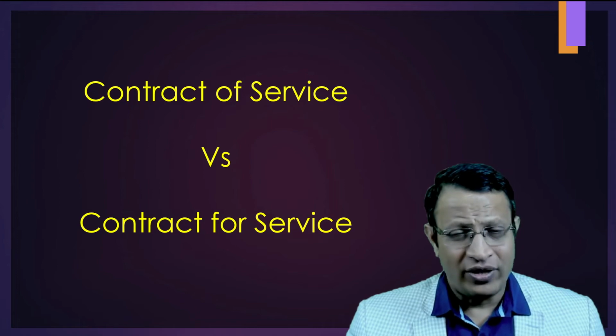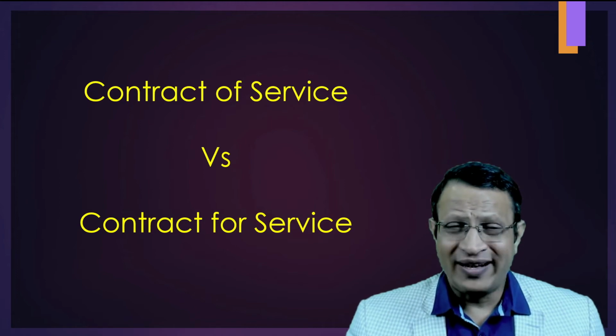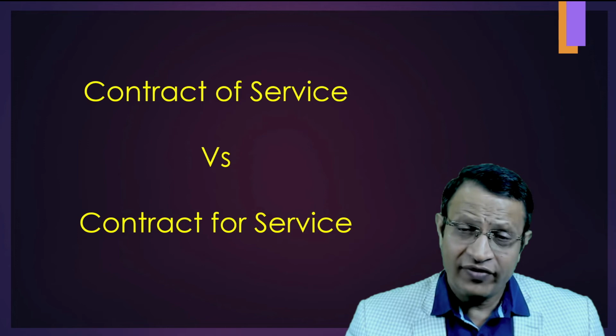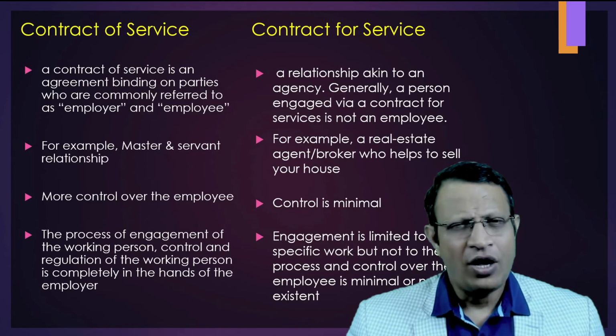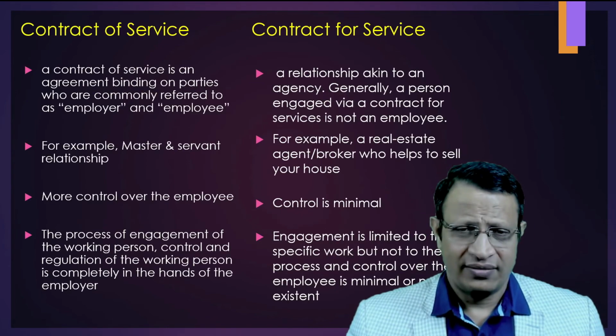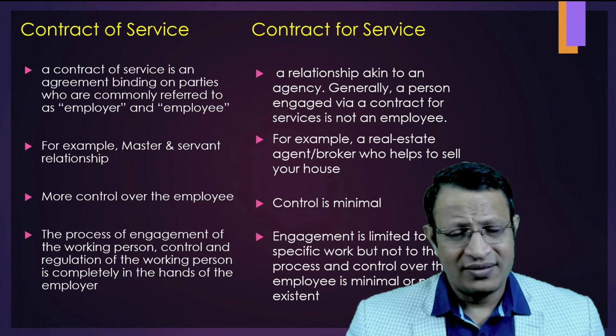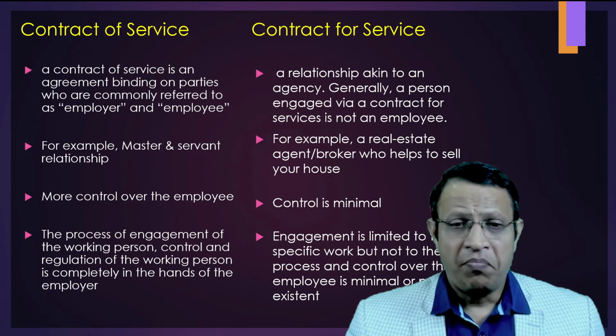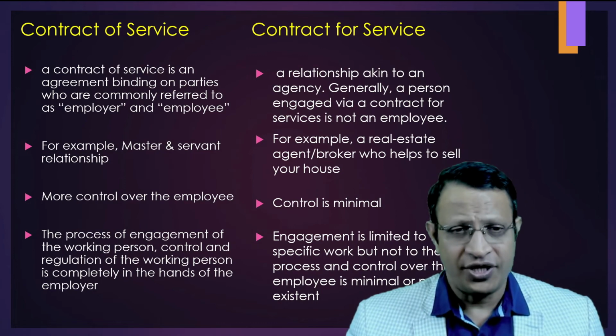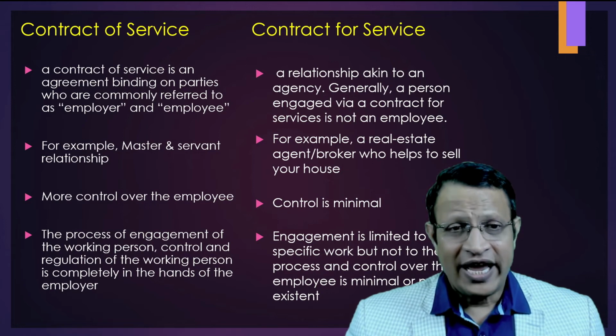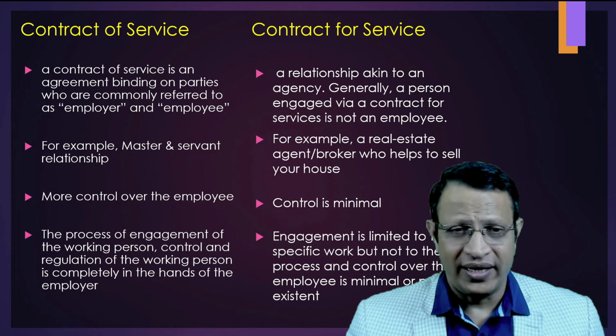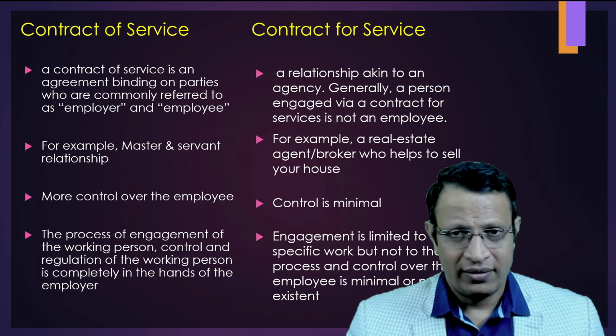That means we need to differentiate between contract of service versus contract for service. What is this contract of service? The contract of service is the master and servant relationship. That is, a contract of service is an agreement binding on parties who are commonly referred to as an employer and an employee.